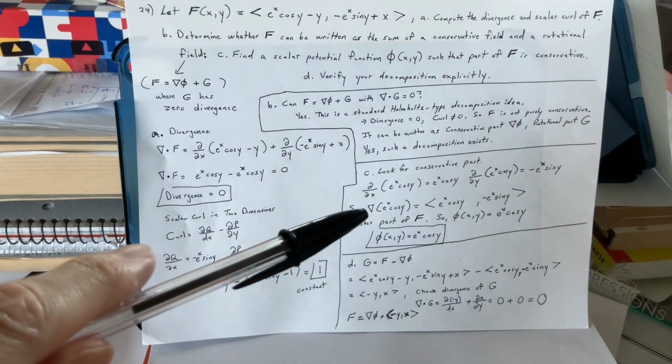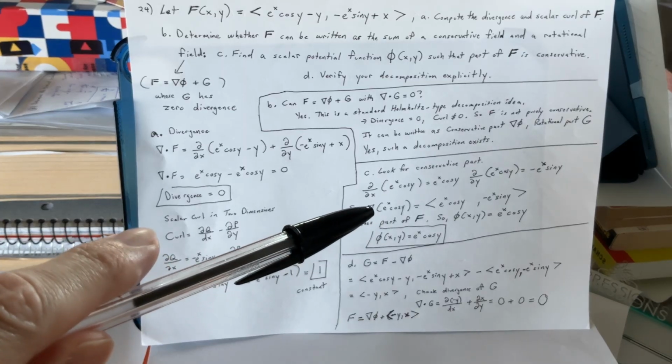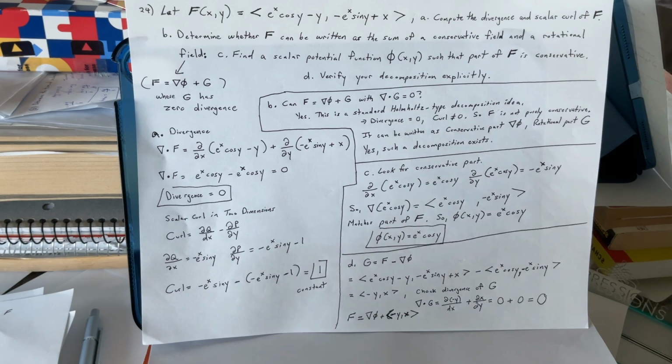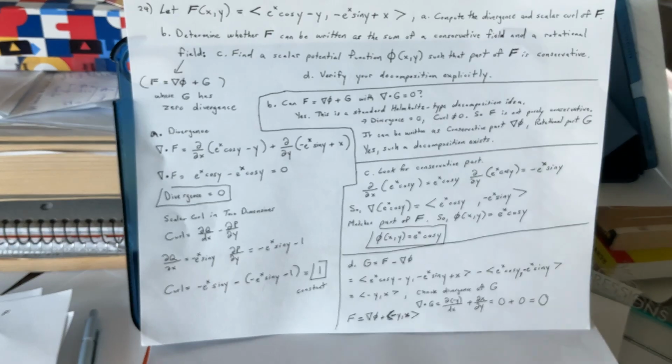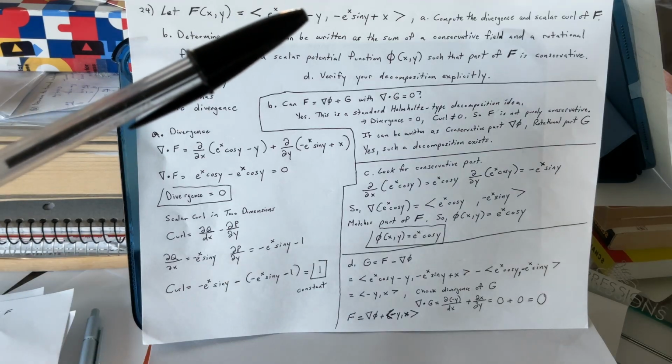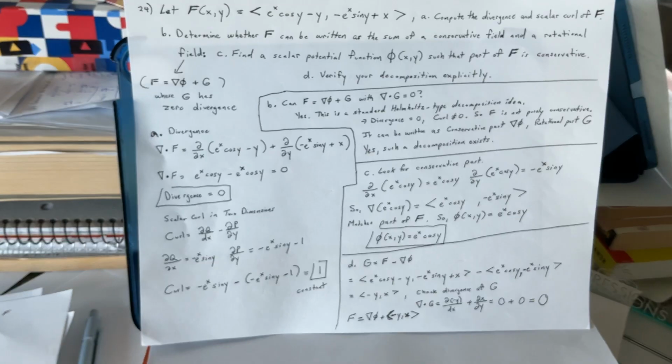So if we take the del operator of e to the x cosine y, we could write this as a vector, e to the x cosine y, negative e to the x sine y. Now, this matches part of F, right?